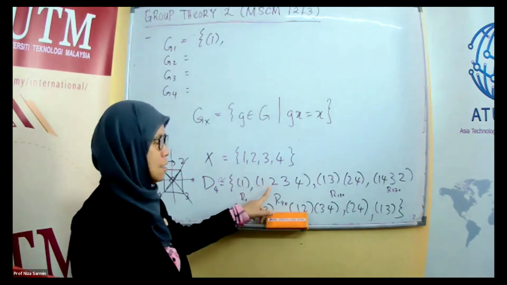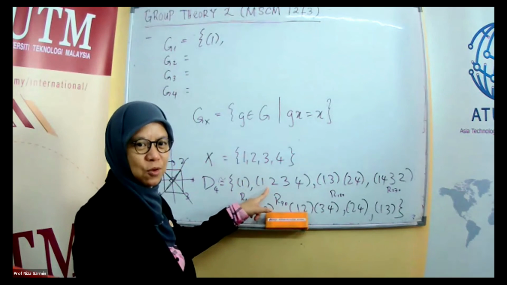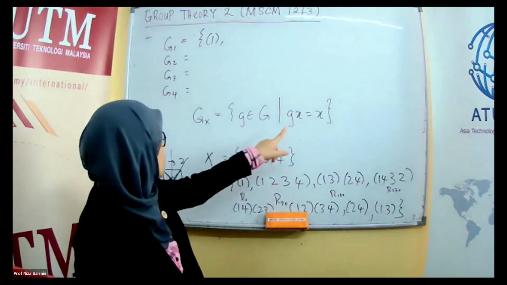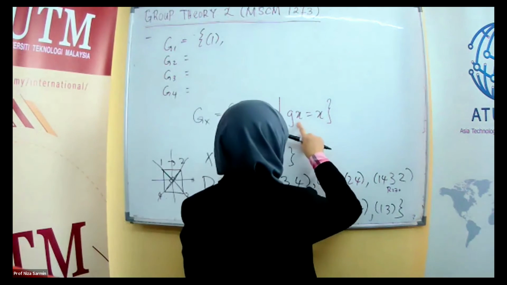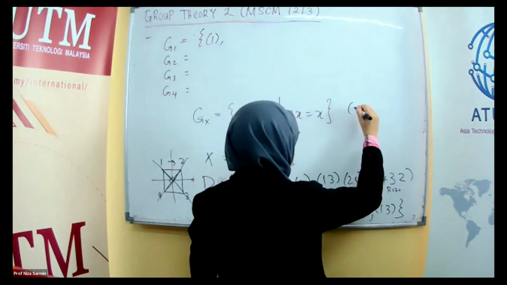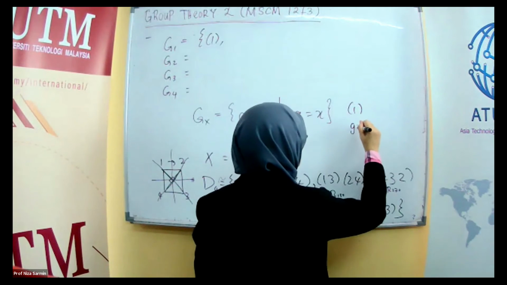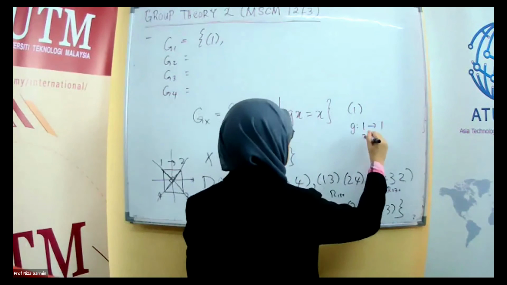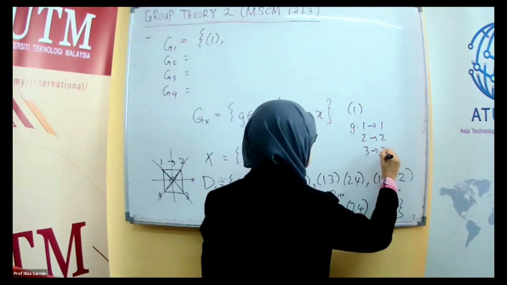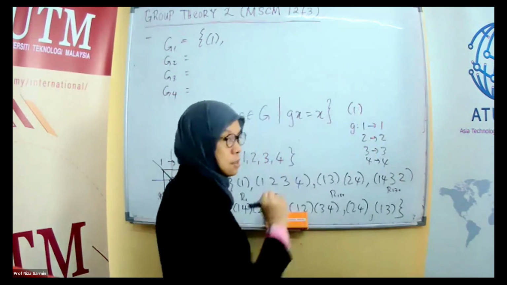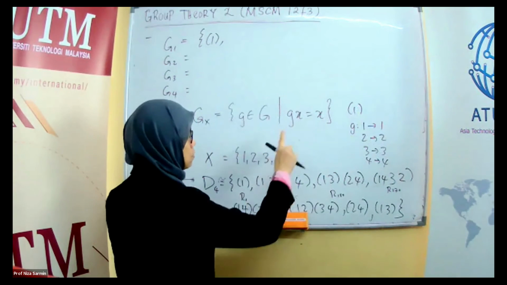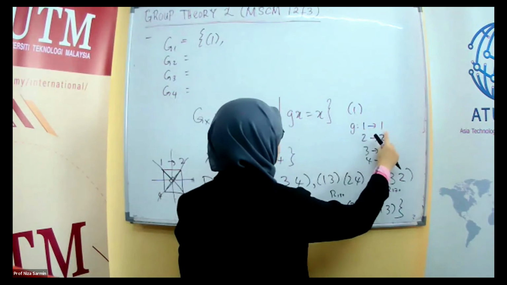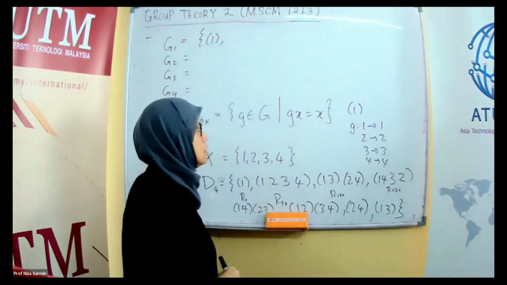This one, no, because you apply it to 1 and it goes to 2, right? So this one is actually, g sends 1 to 1, 2 to 2, 3 to 3, and 4 to this. And when you apply this to 1, g sends 1 to 1. So you get the same thing.